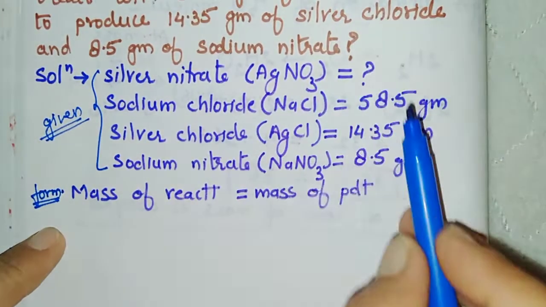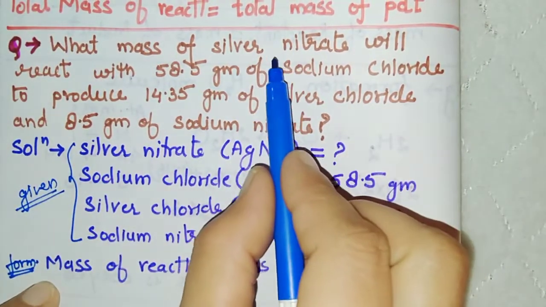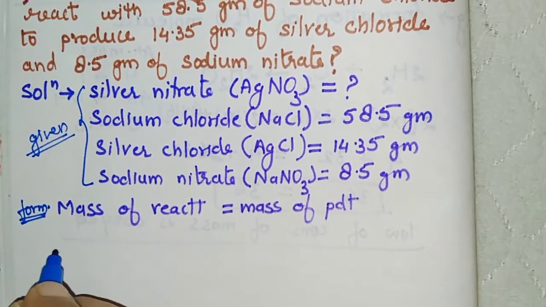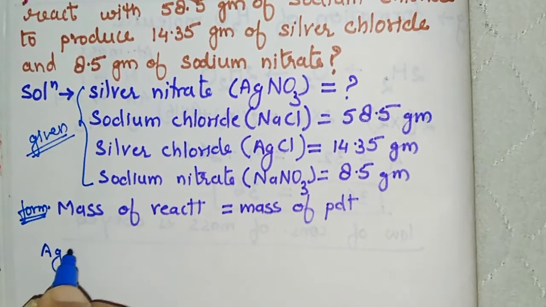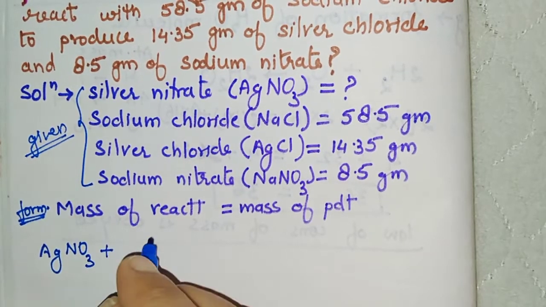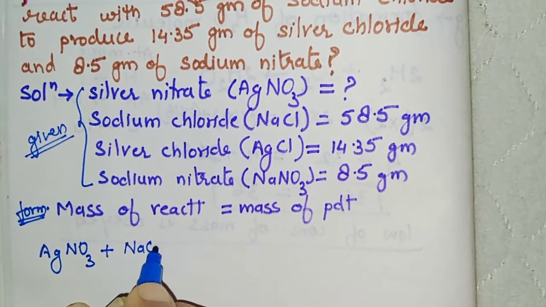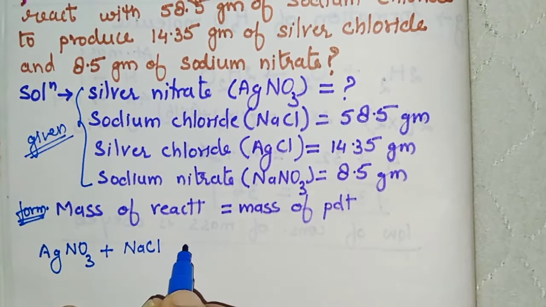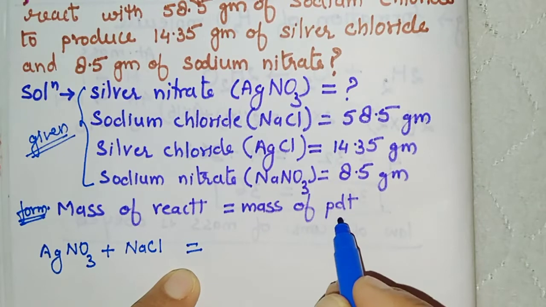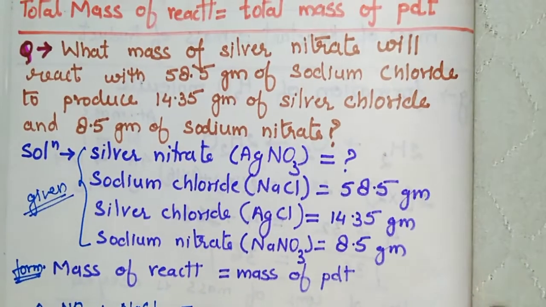So now, mass of reactant. What is our reaction? Our reaction is silver nitrate plus sodium chloride. This is our reactant, and this is our formula. We are putting those values in this formula. Now what is our product?